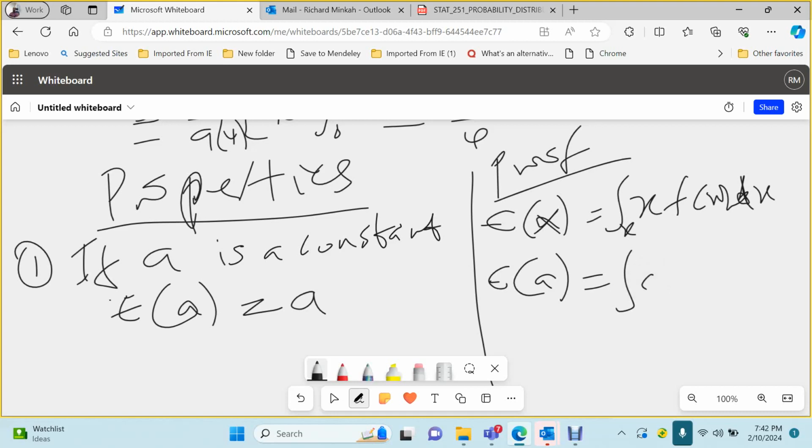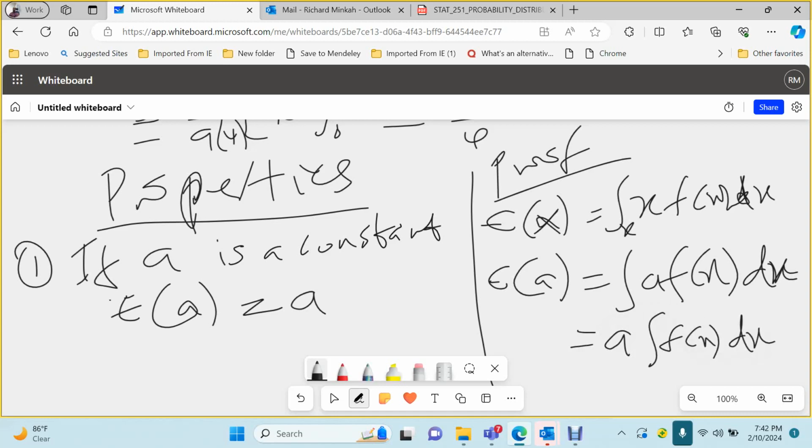So it will be the integral of A times f(x) dx. Now, A is a constant, so I can bring it outside the bracket. Then I have the integral of f(x) dx.